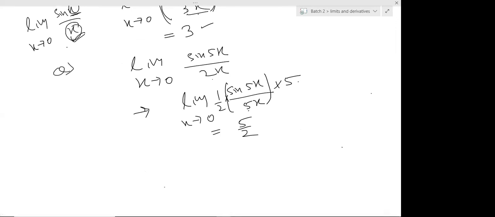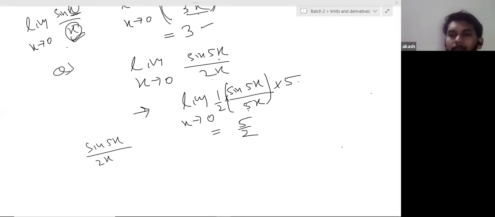Another question. You multiply it with 2 by 5, but you get the same answer, right? We had sine 5x upon 2x. No, Rahman, you just cannot multiply a random number in a question, right?